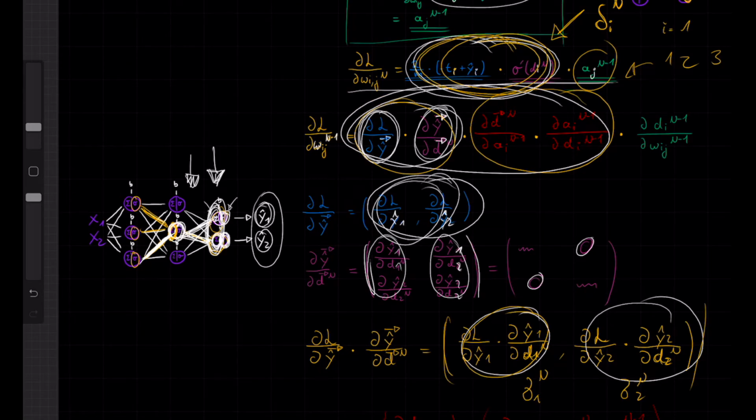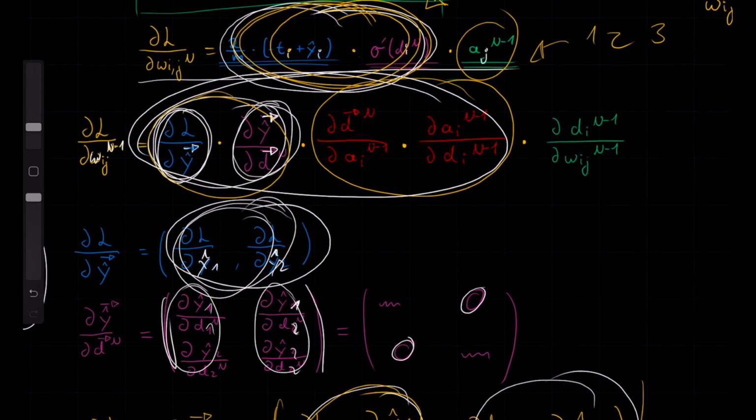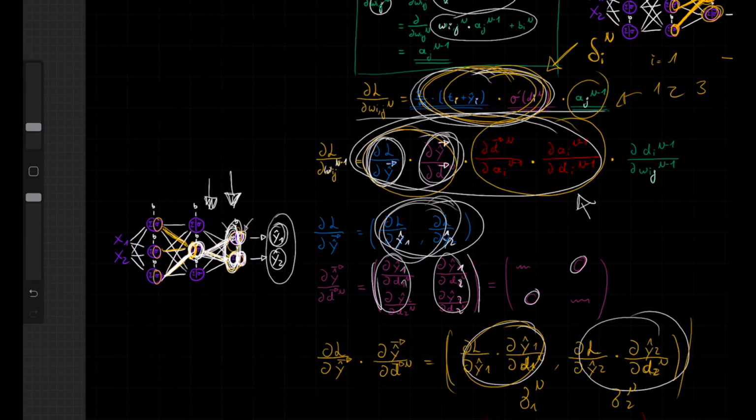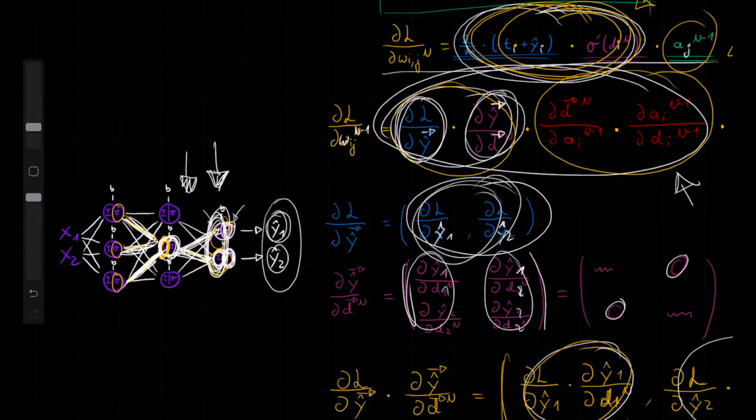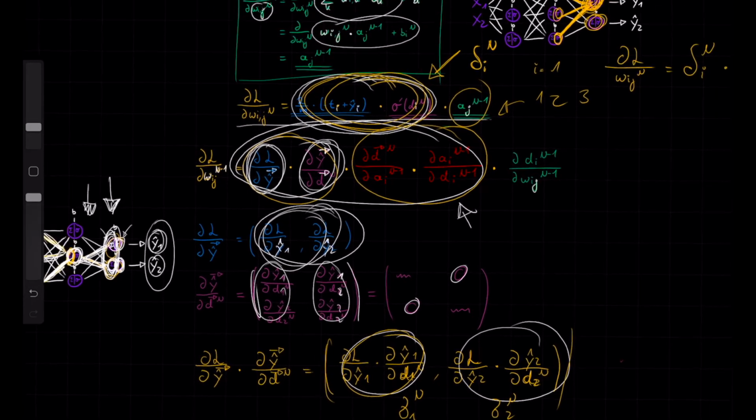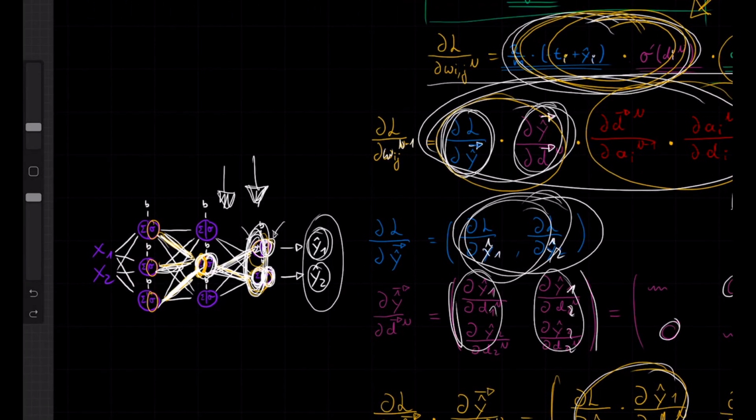And now again, as I teased just before, in this part there's no j, so the j only starts appearing here. And so this means we can again reuse this part for the different weights. The different weights being these here, so this one, and this one was the one we already considered. And so what this big term is here then again is an error signal, now of this neuron here.